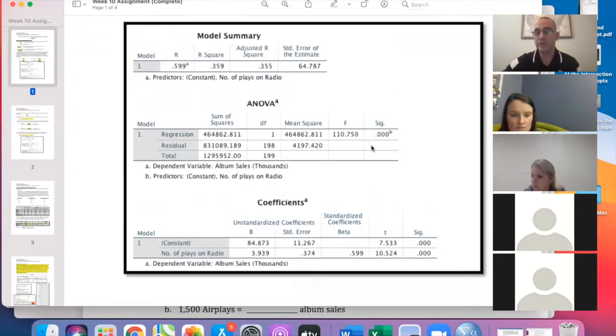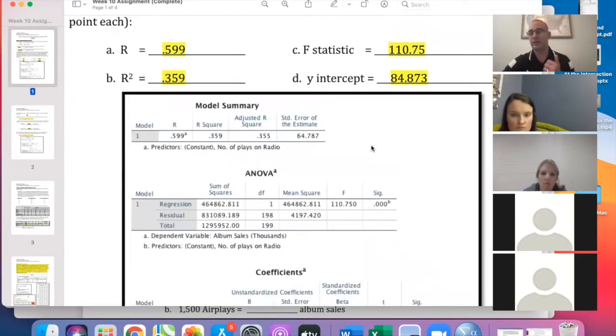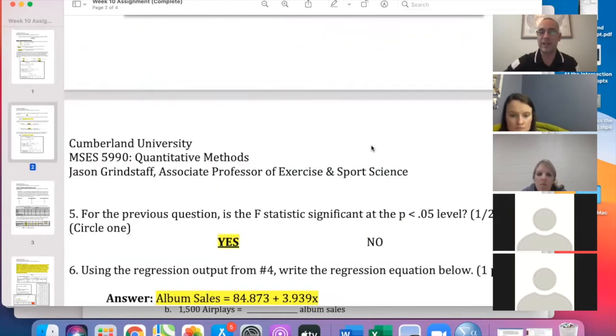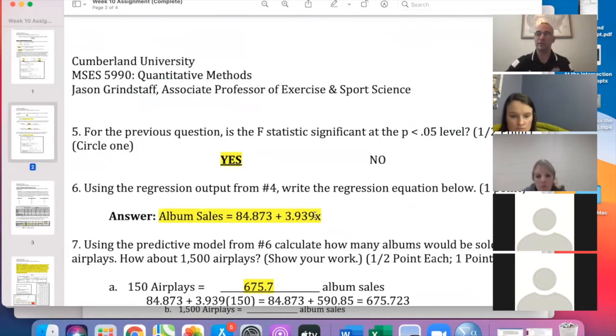Well, what if we had 2? We could have had advertising dollars and number of airplays. In that case, our formula would have looked a little bit more complex, and the constant might have changed a little bit, but let's say, for example, it was 84.873 plus your first independent variable. This value is a change in that independent variable at 3.939 plus the change in the second independent variable.